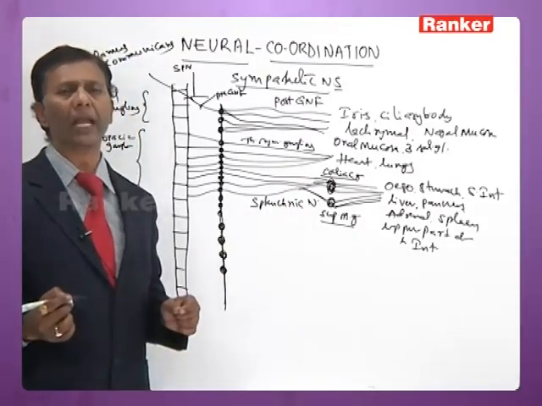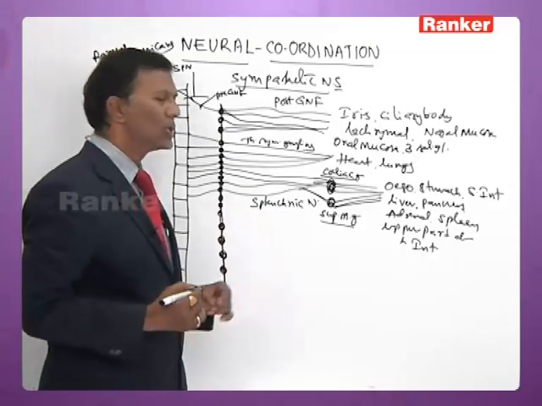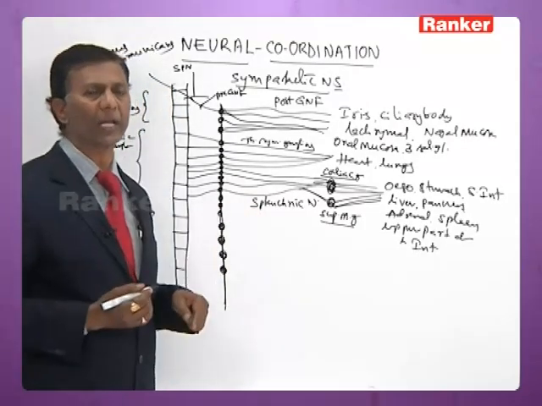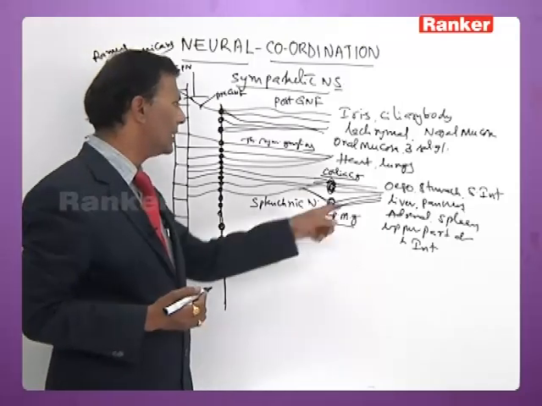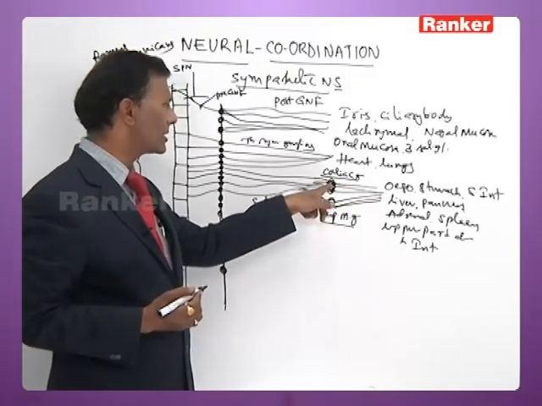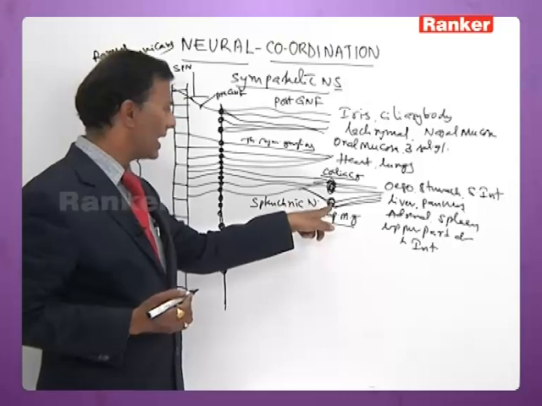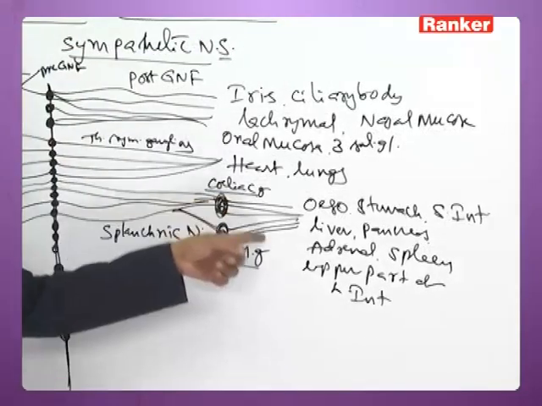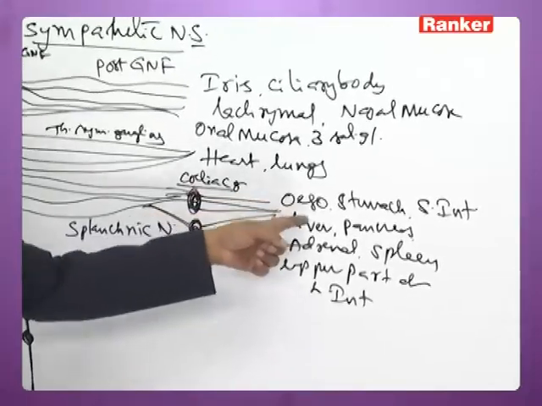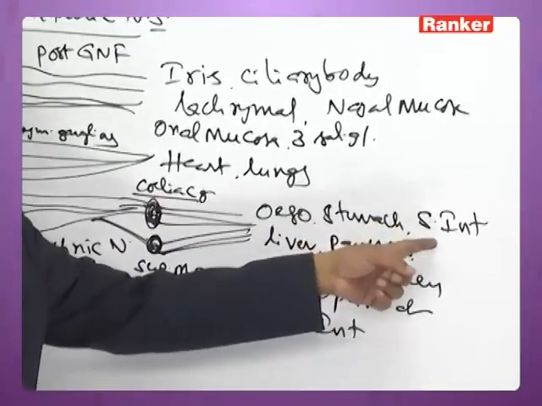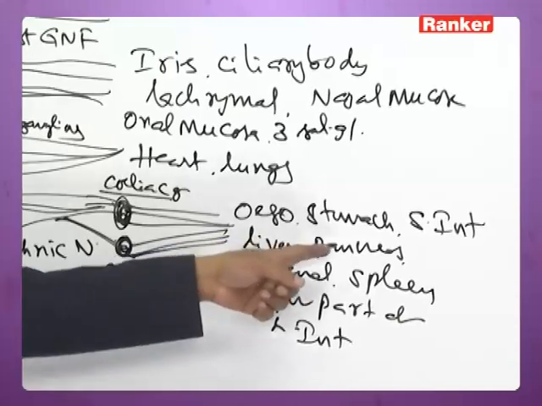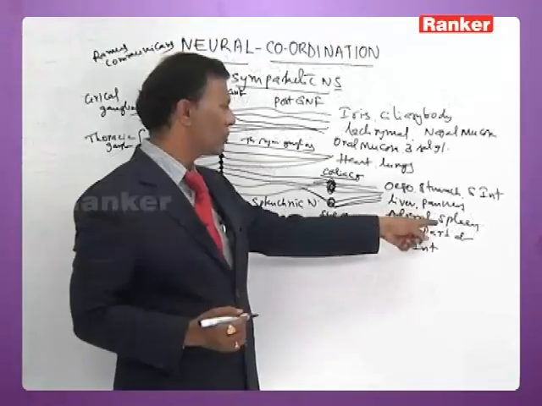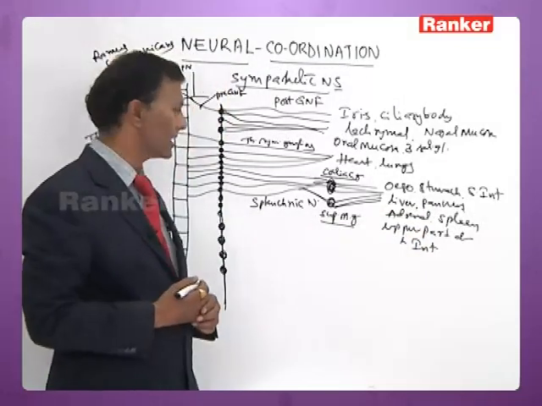Such preganglionic nerve fibers are known as splanchnic nerves. Now these splanchnic nerves form synapse with the postganglionic nerve fibers that are given off from celiac ganglion and superior mesenteric ganglion, you know. Now these postganglion nerve fibers innervate esophagus, stomach, small intestine, liver, pancreas, adrenal, spleen, upper part of large intestine, you know.